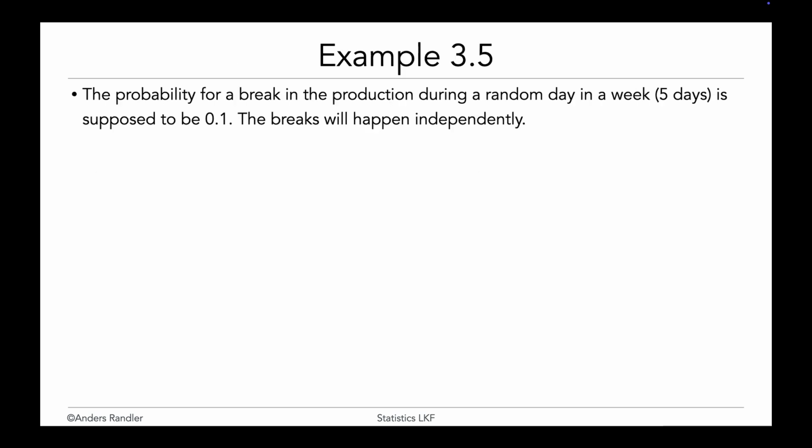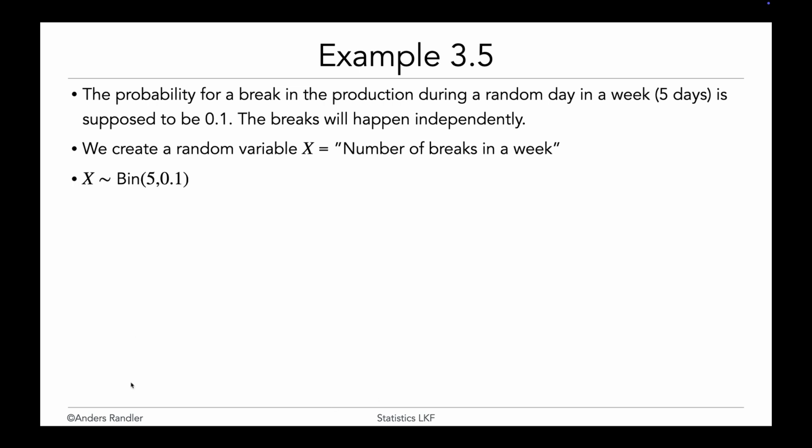An example then: the probability for a break in the production during a random day in a week, where we have 5 days, is supposed to be 0.1. The breaks will happen independently. We create a random variable x, the number of breaks in a week, so the number of days with a break in a week. So we have a variable x that is distributed binomially. We have 5 experiments, and the probability to succeed, if you can say that in this case, each time is 0.1.